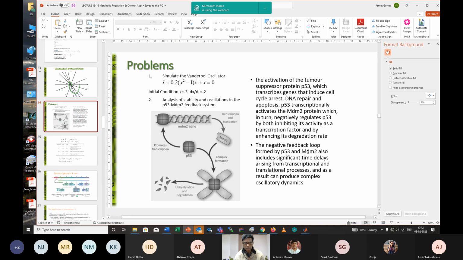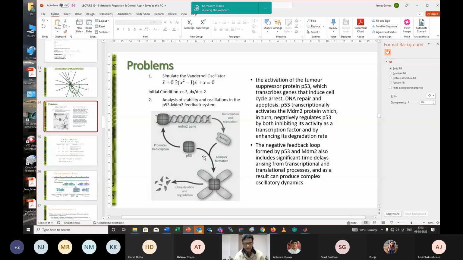And there's a negative feedback loop formed by P53 and MDM2, which also includes a significant delay because of this entire process that takes place here. So because of that, you have delays that will occur in this system.